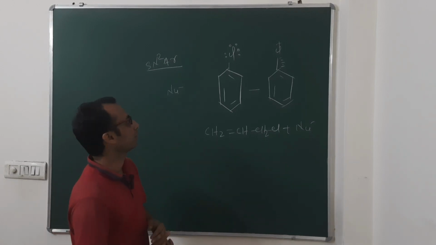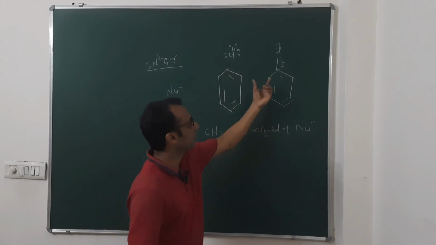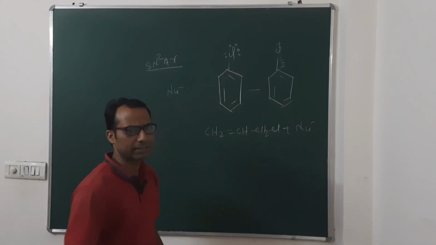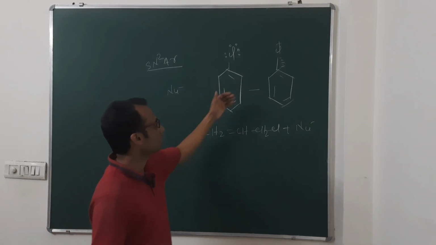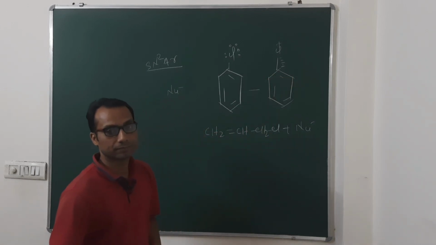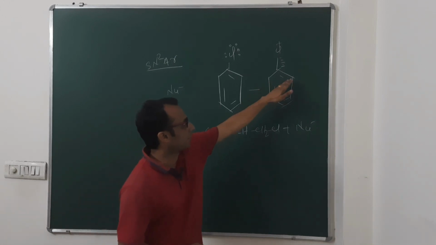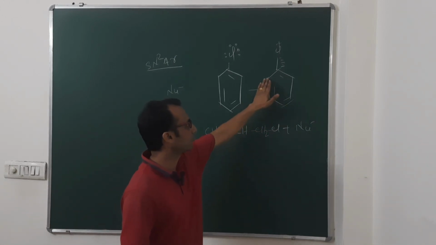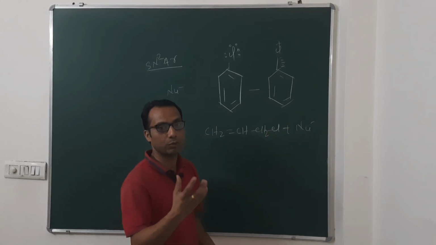Second, when the electron density increases in the benzene ring, in terms of negative charge or electrons, the negative charge increases at the ortho and para positions. By some way, if I reduce the negative charge, how can it be reduced from the ortho and para positions? By attaching an electron withdrawing group.